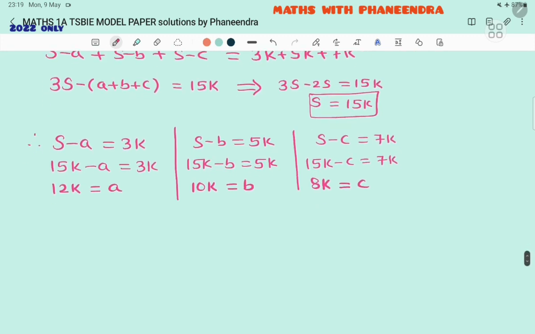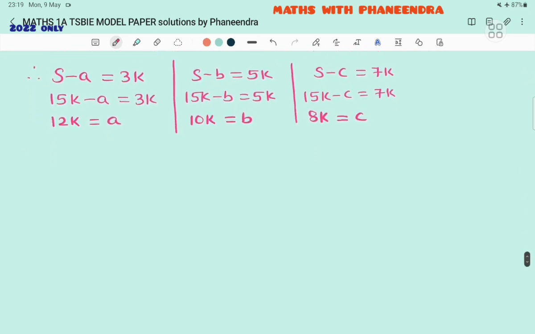So therefore they are asking to show the answer A is to B is to C, no? A is to B is to C is equal to A value 12K is to B value 10K is to C value 8K. So in all the terms K will be common and cancel, like S by delta. 12 is to 10 is to 8.